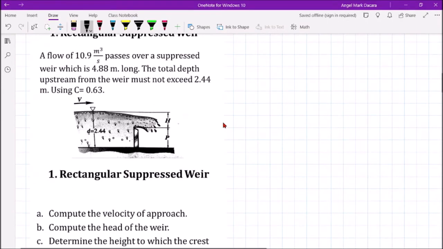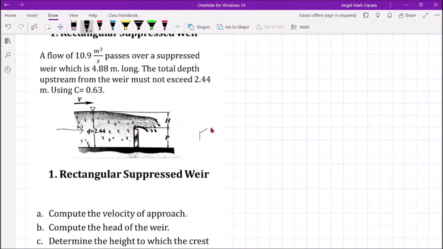Okay, dito sa problem natin, nasabi, ang discharge doon sa channel is 10.9. Okay, ang discharge na umaagos doon sa channel is 10.9 cubic meters per second. Okay, tapos the weir is suppressed. Ibig sabihin, it extends from one end to one end. Okay, rectangular. And the length of weir is 4.88 meters long.